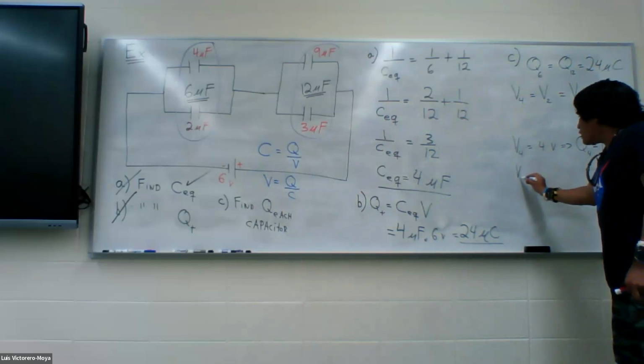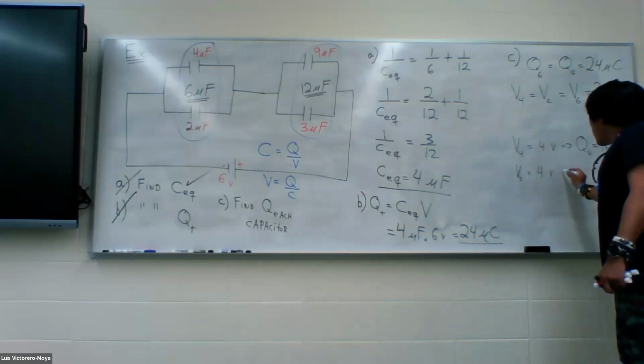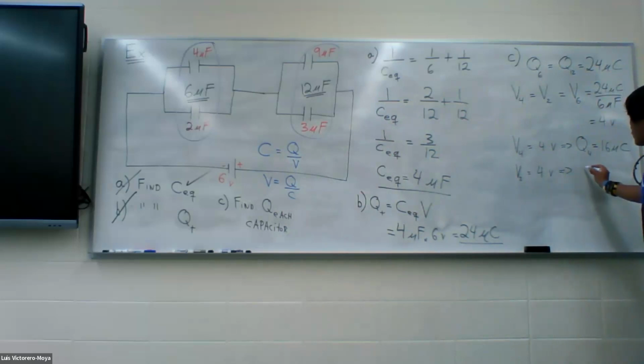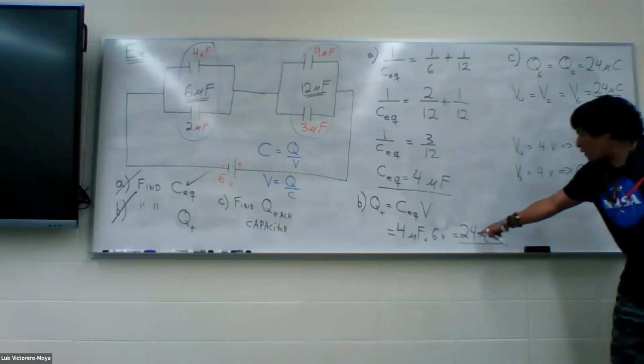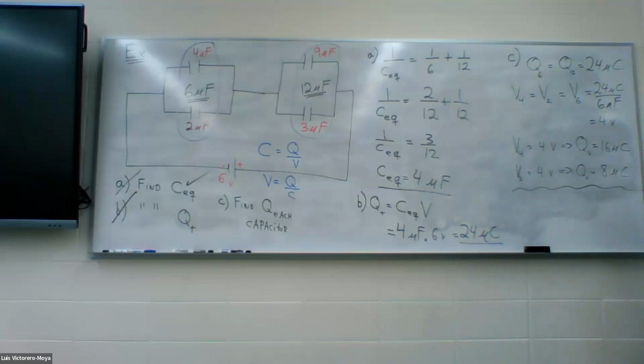Similarly, the voltage on 2 is 4 volts. Then the charge on 2 is equal to 8 microcoulombs. How do I know that's correct? Because 16 plus 8 is 24 microcoulombs. All right. So I split the charge among 4 and 2.